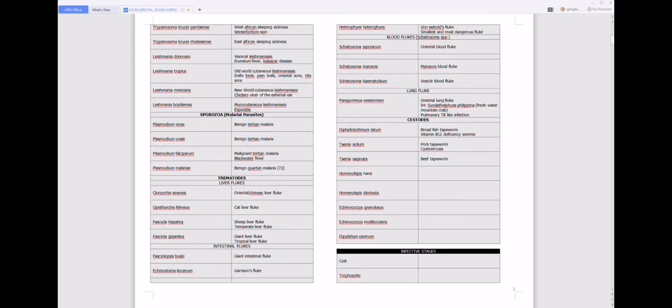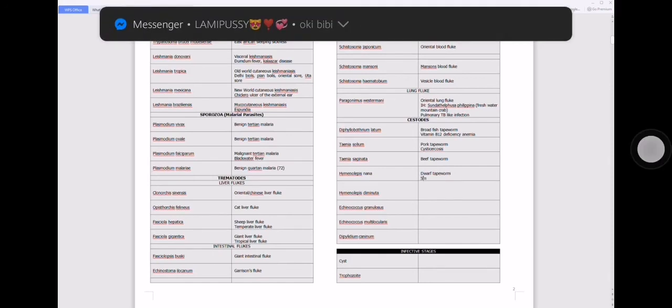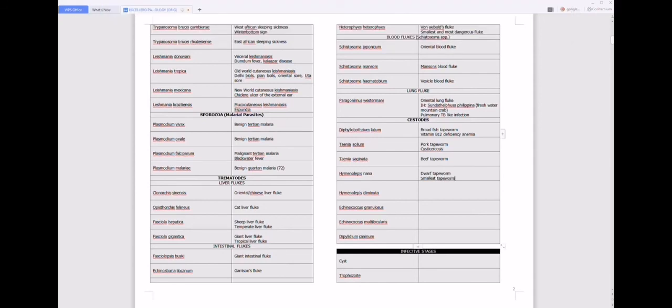Next, Hymenolepis nana, dwarf tapeworm. Because it is very small, that's why it is called dwarf tapeworm. Actually, it is the smallest tapeworm. Okay? Next, Hymenolepis diminuta, rat tapeworm. Okay?